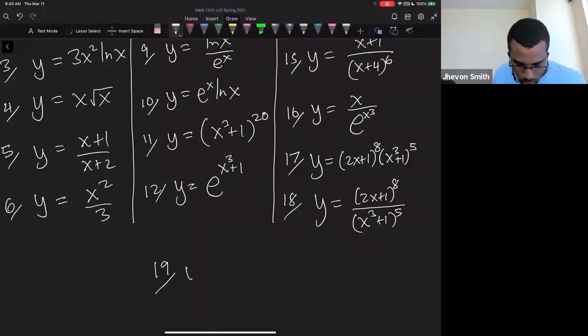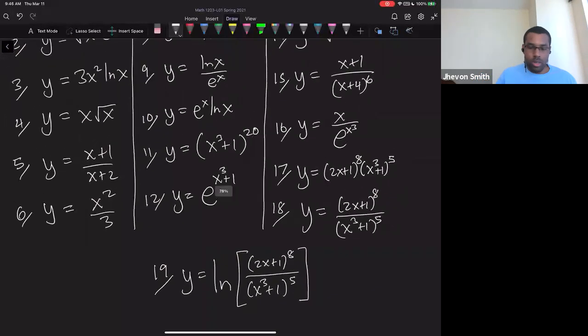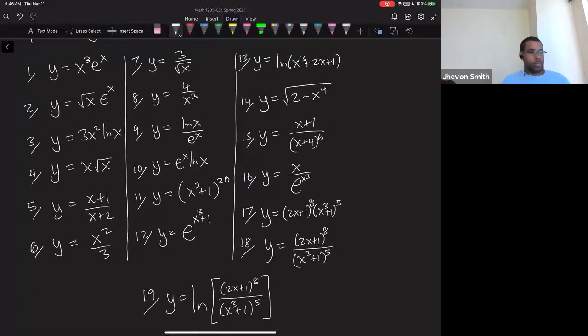And 19, y equals similar to that one, but now I throw in an ln. Which looks like I made it more complicated, but if you remember about your logs, 19 is actually a lot easier than 18, believe it or not. So those are the guys. I would suggest you practice those.